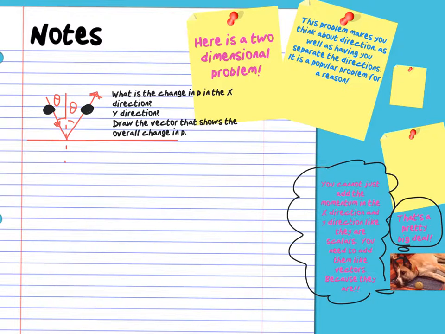This is a very popular 2-dimensional problem that you probably will see in your lectures, in homework, and on the AP test. It's a nice one because it allows you to look at direction more visually and account for momentum in both the x and the y directions, because the ball, which is what this is, just in case it's not looking like it, is coming in and bouncing onto a surface and bouncing off.